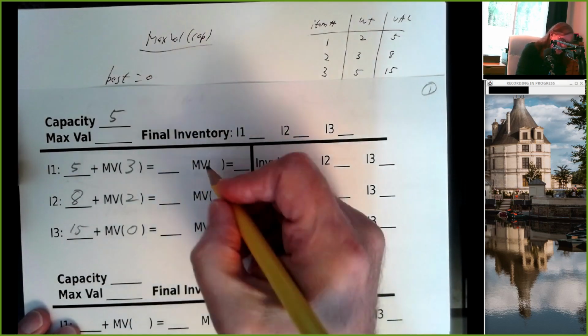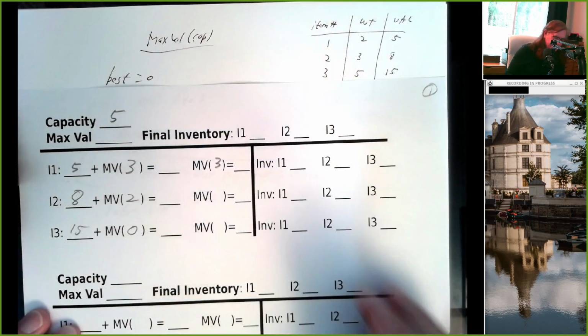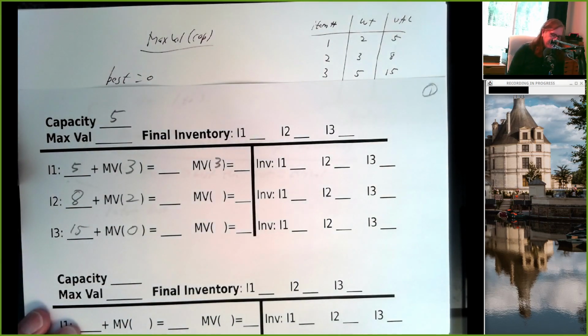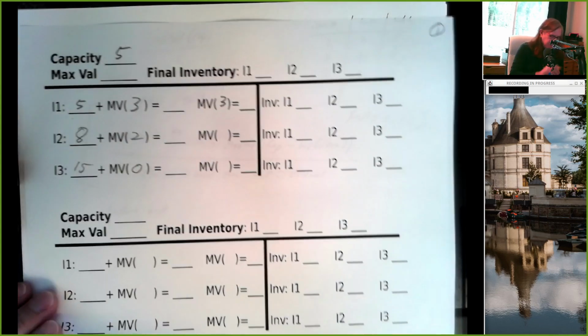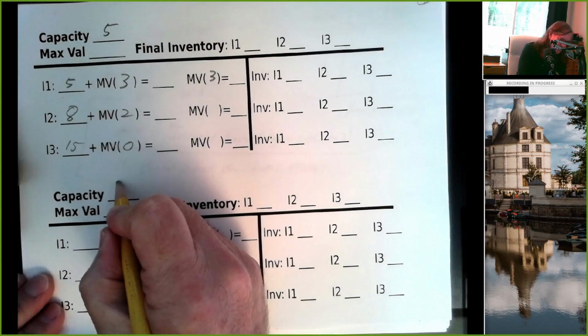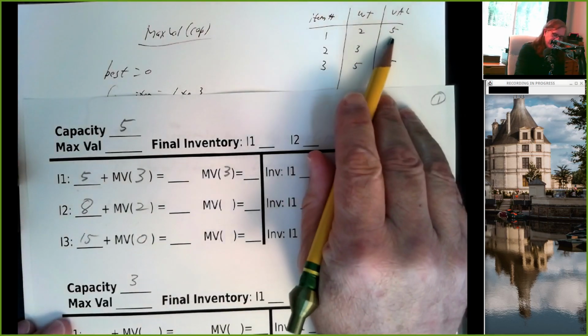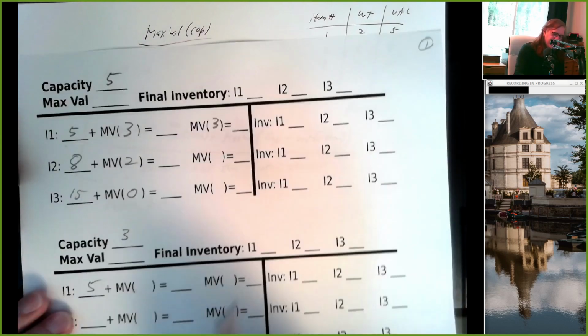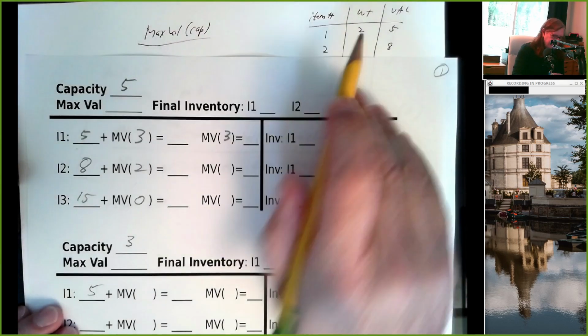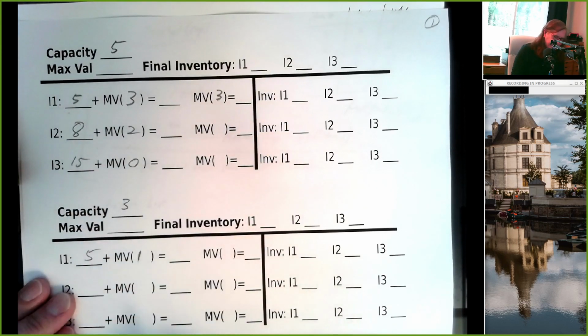So first it has to calculate maxval of 3. And that's going to be a recursive call. So how do we find maxval of a capacity of 3? Well, if we put in item 1, that gives us $5. And item 1 weighs 2 pounds, so we have 1 pound left.